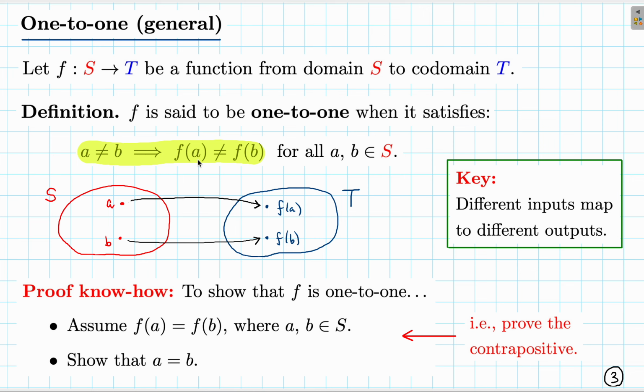So rather than working with the definition of one-to-one, in order to prove that f is one-to-one, we typically prove the contrapositive. Again, we assume that f of a equals f of b for a pair of inputs a and b, and then show that a equals b.